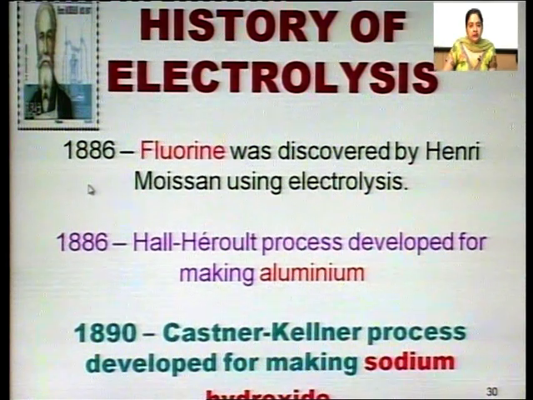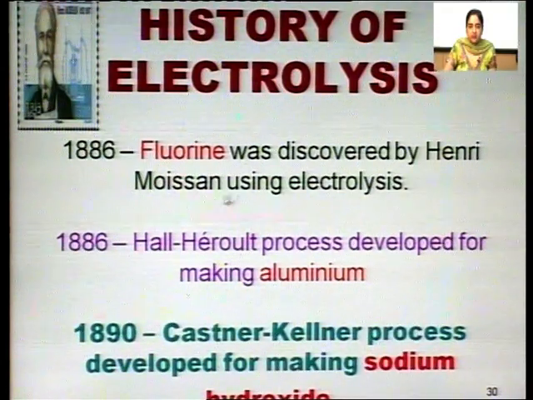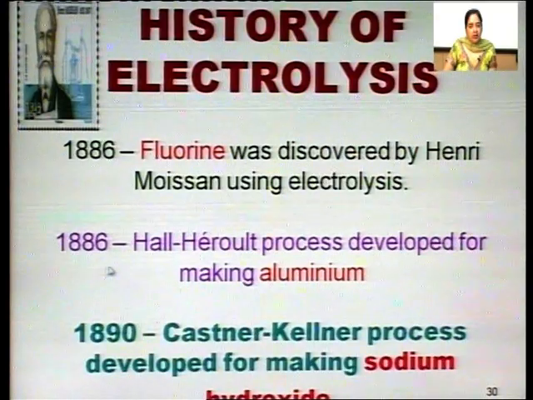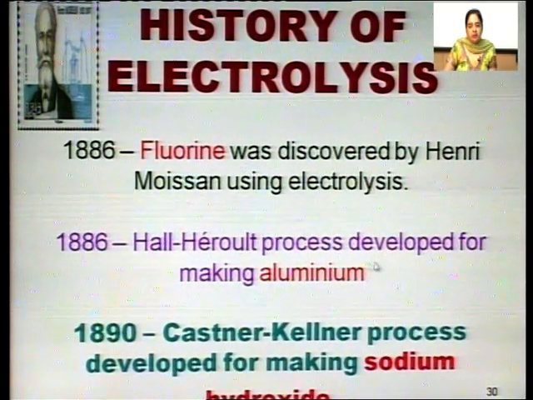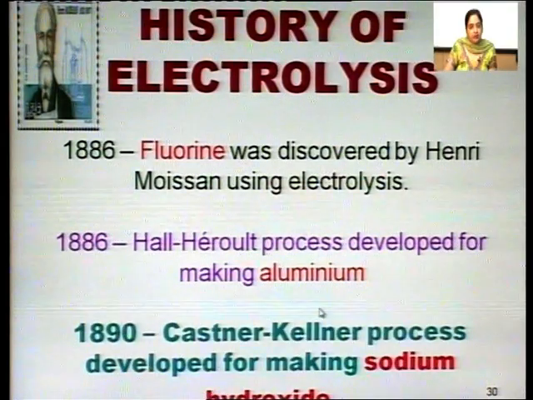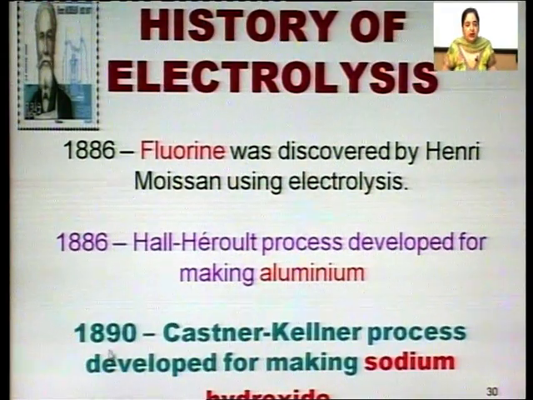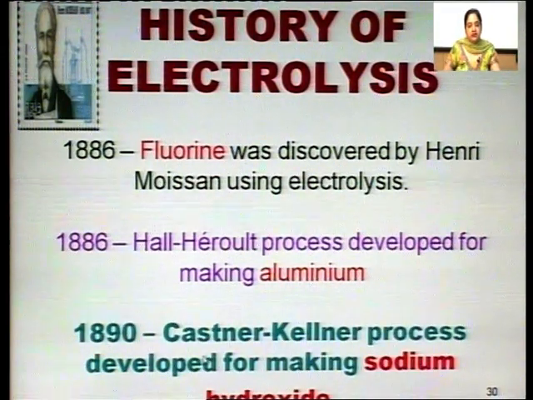In 1886, fluorine was discovered by Henri Moissan using electrolysis, and the Hall-Héroult process was developed for making aluminium in 1886. In 1890, the Castner-Kellner process was developed for making sodium hydroxide.